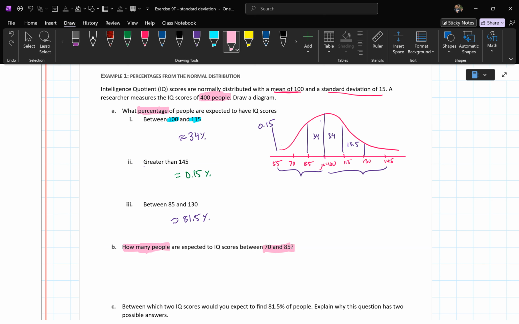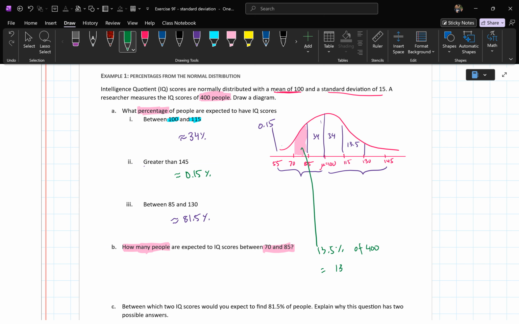So between 70 and 85. 70 and 85 is this region here. What's the percentage? Beautiful. That is 13.5%. Since we know there are 400 people in this IQ test that the research is doing, it's 13.5% of 400 people.